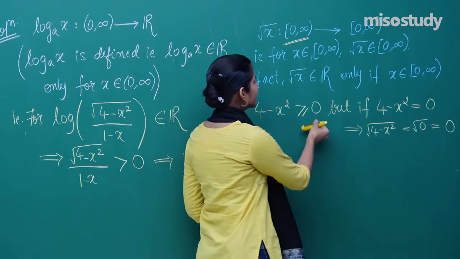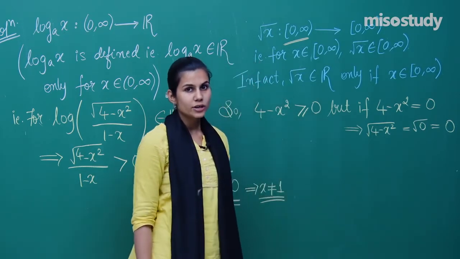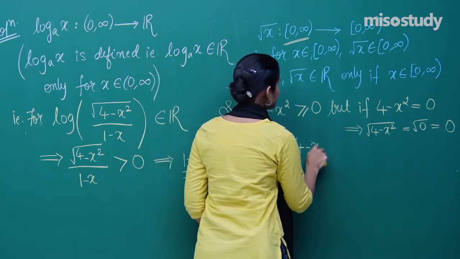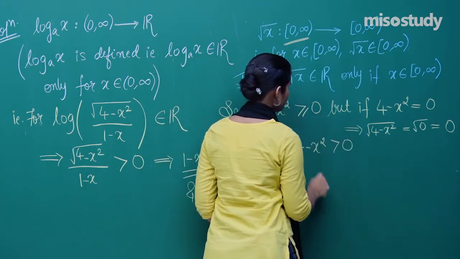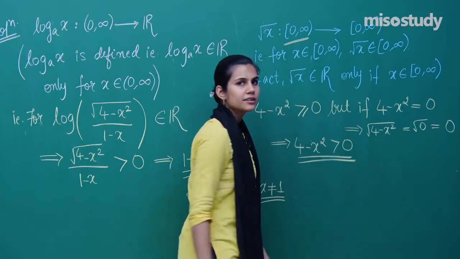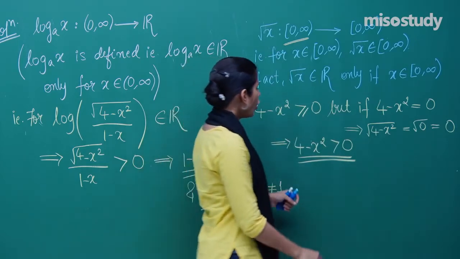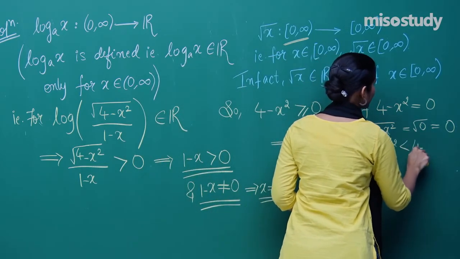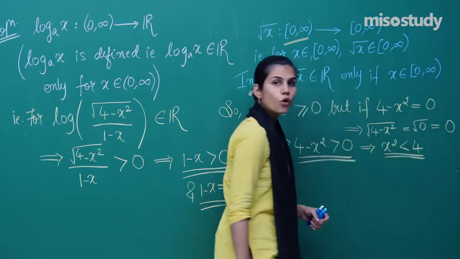And so I cannot take 4 minus x square to be equal to 0, and this implies 4 minus x square will have to be strictly greater than 0. Or I mean by this, x square has to be strictly less than 4.